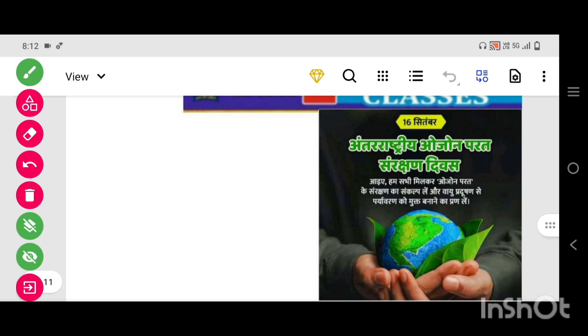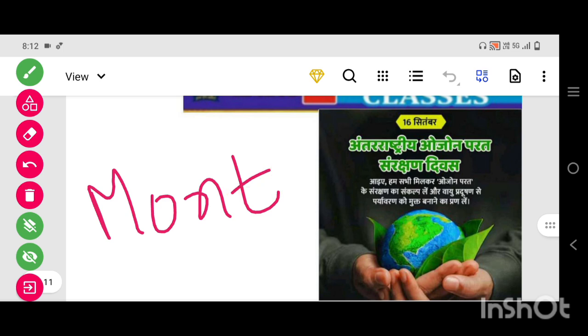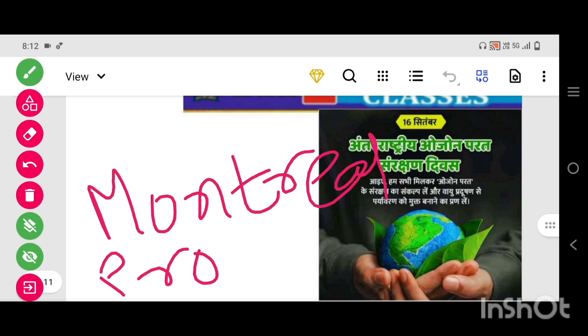So recovery of the global ozone layer from the effects of ozone depleting substances is expected around the middle of the 21st century, assuming global compliance with the Montreal Protocol. Every time the Montreal Protocol comes into the picture, it aims to reduce these substances. It is a treaty which tells you how to manage this ozone layer.